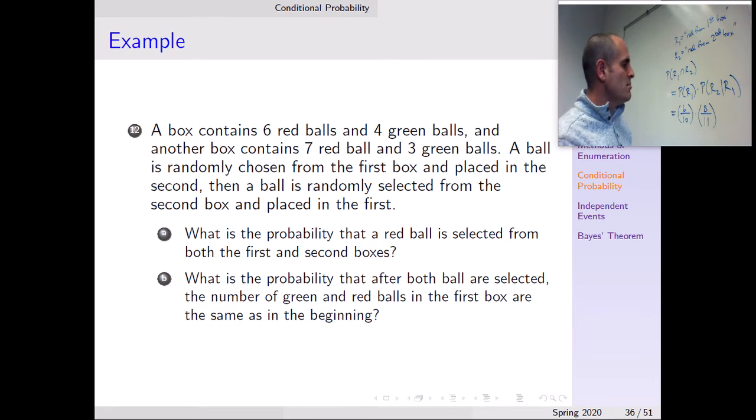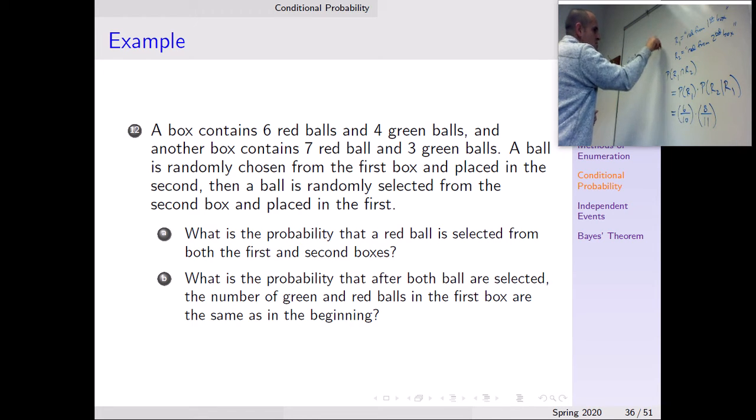So let's make another event over here on the other side of the board, okay? G1 is going to be green from the first box, okay? And G2 is going to be green from the second box, okay?